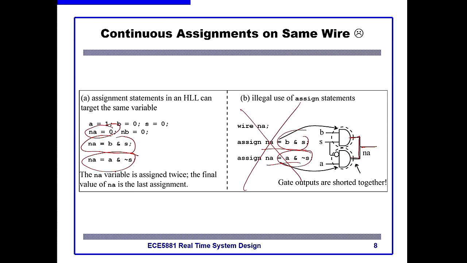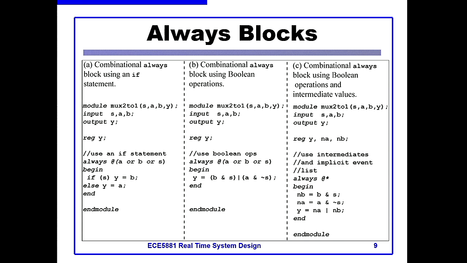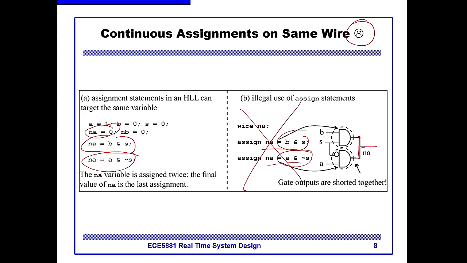You'll actually generate an error when you attempt to compile that. That's why we've got this here. Okay, so at this stage we've discussed these assign statements. These are a very simple mechanism to generate a Boolean expression driving an output. And that's the simplest way you can use Verilog.